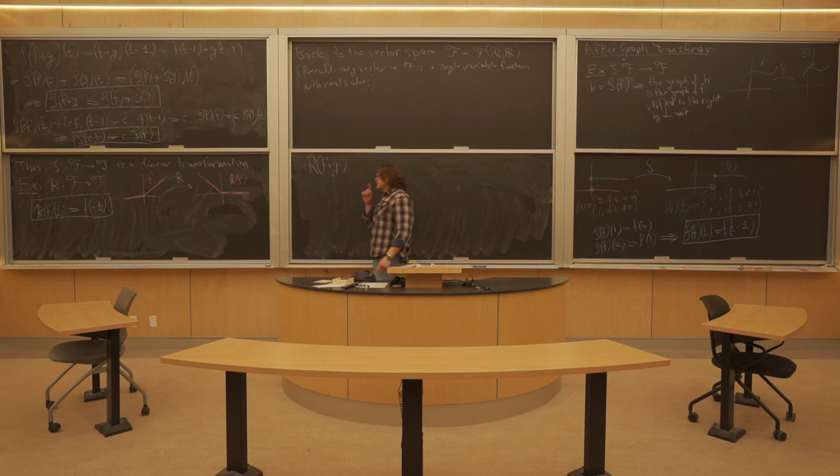So perhaps I should be more explicit. I want to verify that R of f plus g is equal to R of f plus R of g. And I want to verify that R of c times f, c a constant, is the same thing as c times R of f. Okay, so these are question marks at this stage.